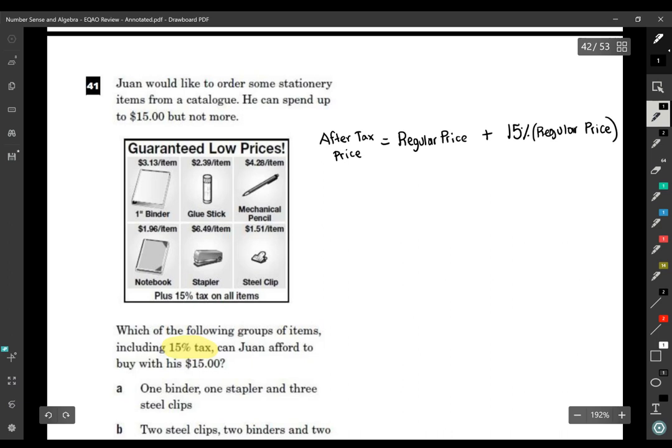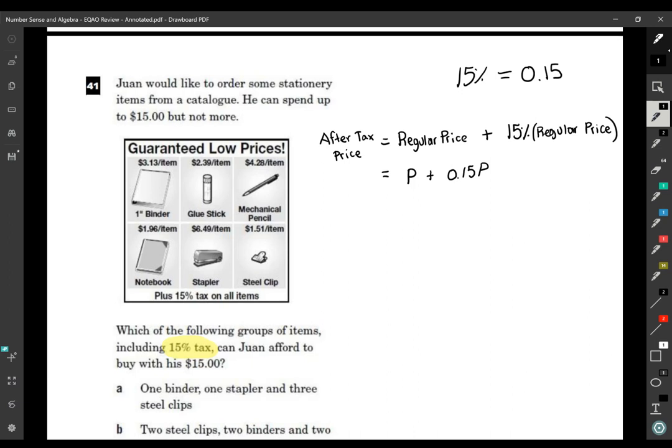If I let P represent the regular price, then I'm going to have P here, and remember that 15%, when we represent it as a decimal, becomes 0.15. That's important. So this becomes 0.15P.